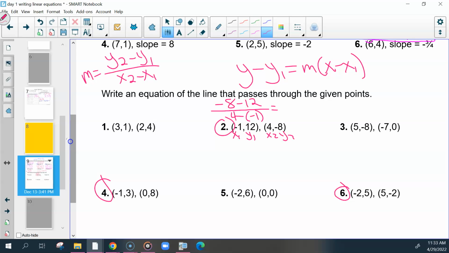We would need to subtract and simplify. -8 minus 12 would give us -20. 4 minus a -1 would become a plus, so 4 plus 1 is +5. Simplify always. You can put that in your calculator or divide it to simplify. But this one we could just divide -20 by 5, which gives us -4. That's our m value.